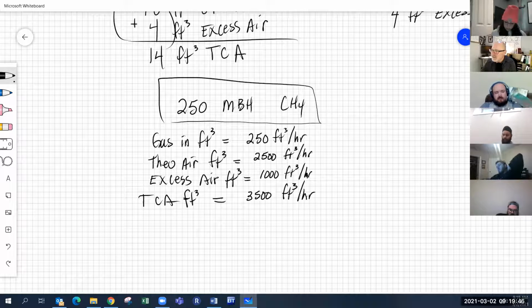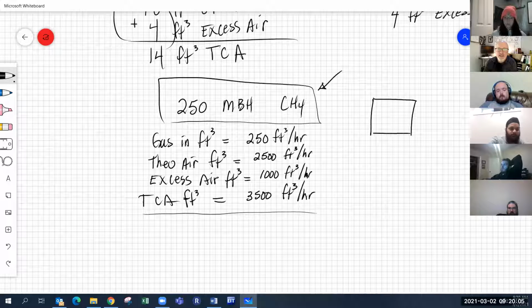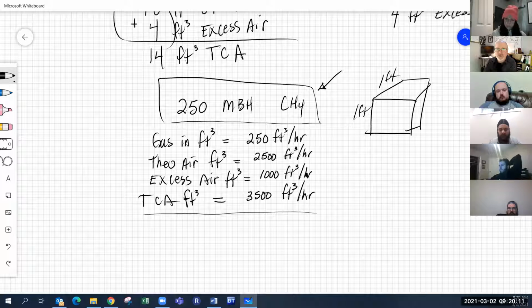This kind of gives us a little bit of an idea how much air is required to burn this amount of gas. That is a very large quantity of air. If you think of a 1 cubic foot box, that's 1 foot by 1 foot by 1 foot, that's a cubic foot.